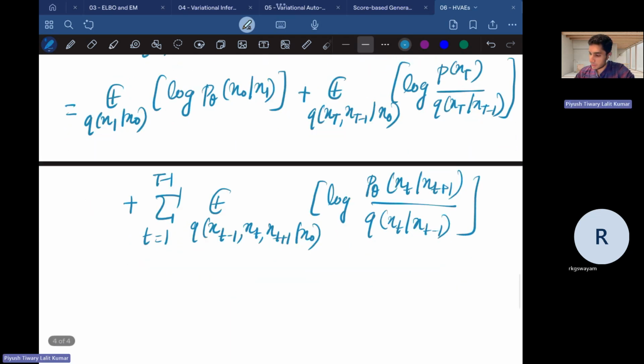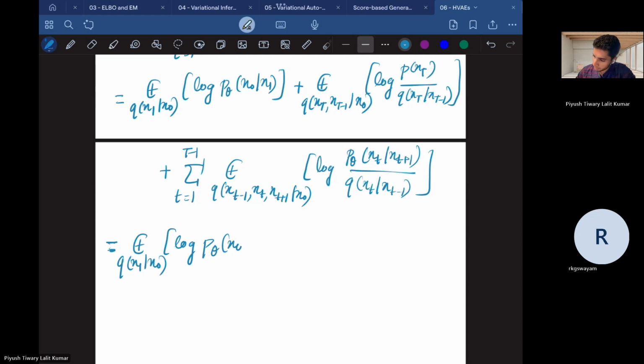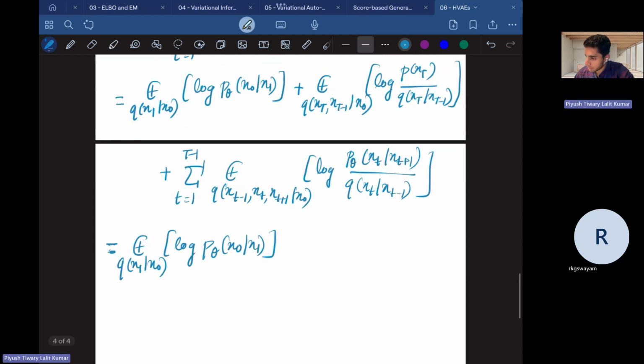One last thing we need to do here is to make this even cleaner. The first term remains as it is: q of x1 given x naught, log of p theta x naught given x1. That's fine. What about the second term? I will split the expectation into two terms.